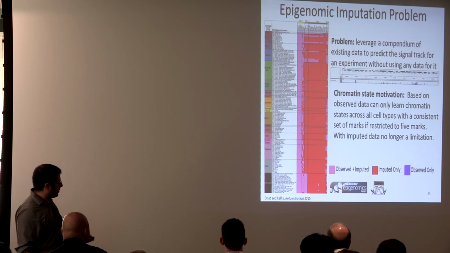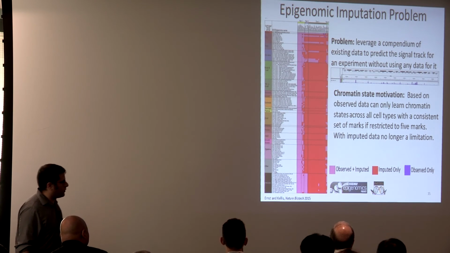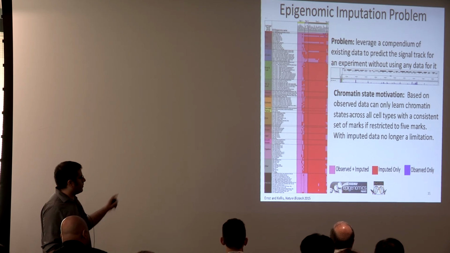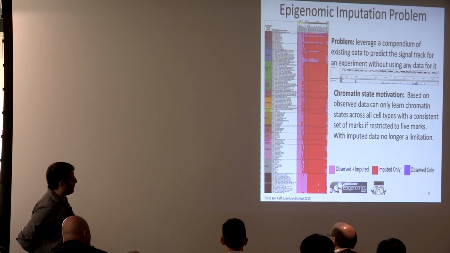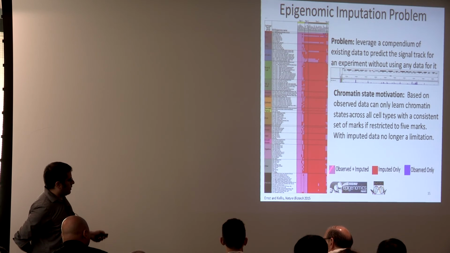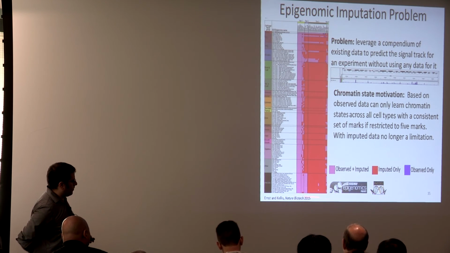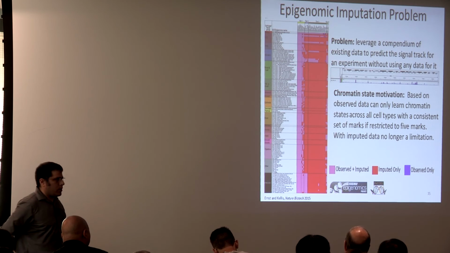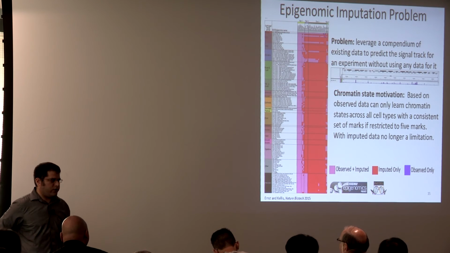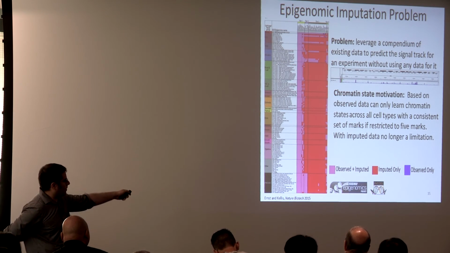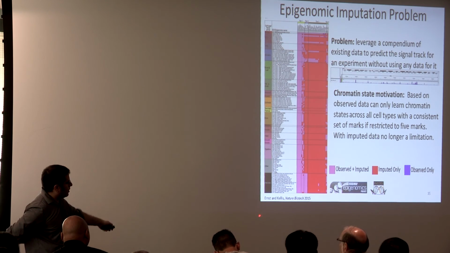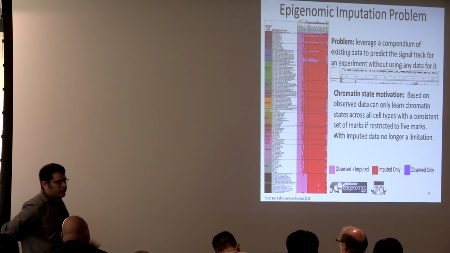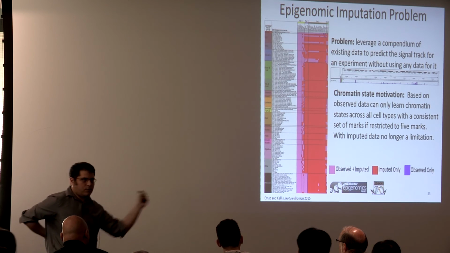Now, I won't go into as much detail about this work, but I wanted to reference this because I'll talk about it in the second half too. This is published if you want to get a lot more of the details. It was this problem of epigenomic imputation. So when I was working with the consortium, we had this situation where we had more than 100 cell or tissue types which had some coverage.